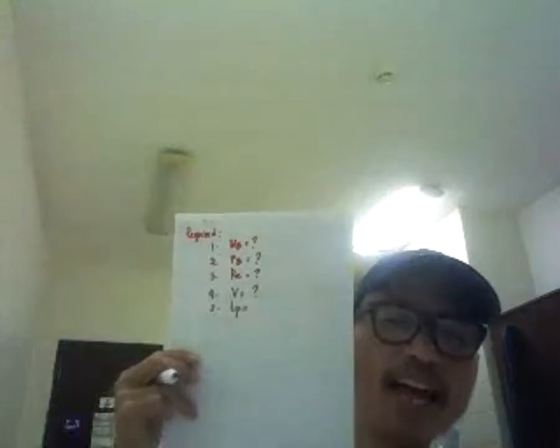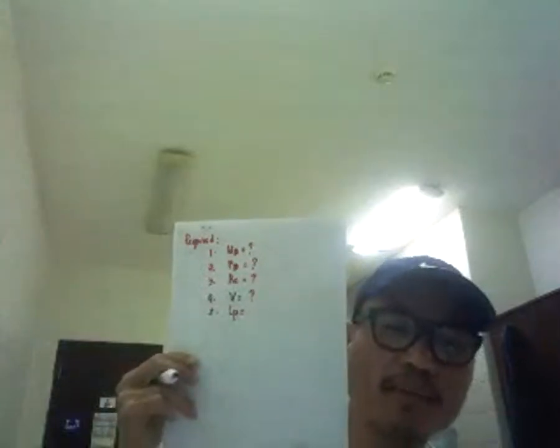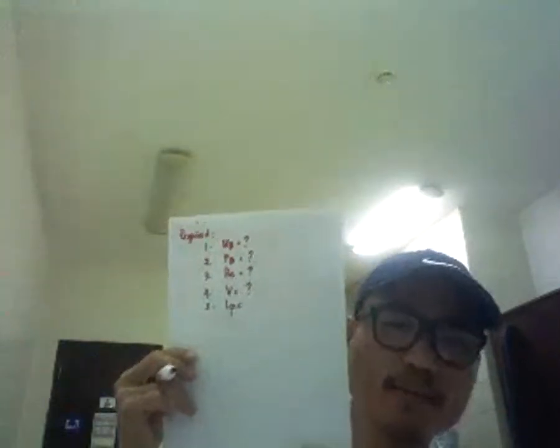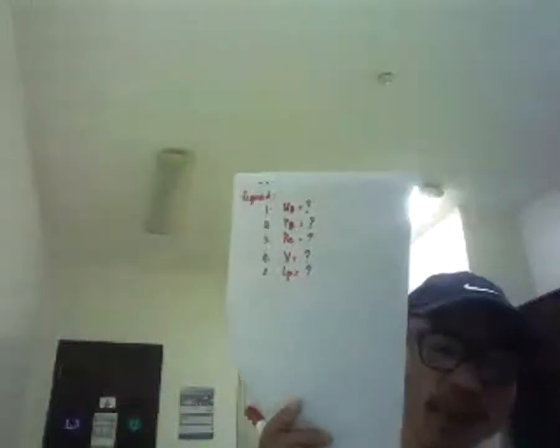It's not liberal party, but length of the pipe. Number 6, oh my goodness. Volume. Oh, enough, it's only 5 pala. These are the required we need to answer for.